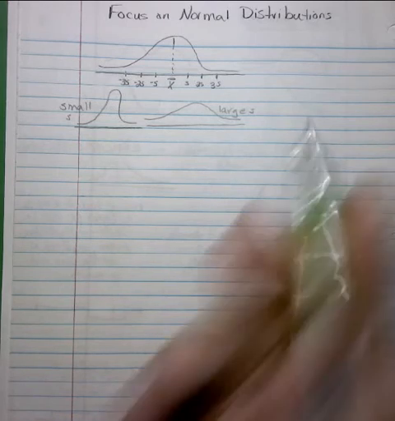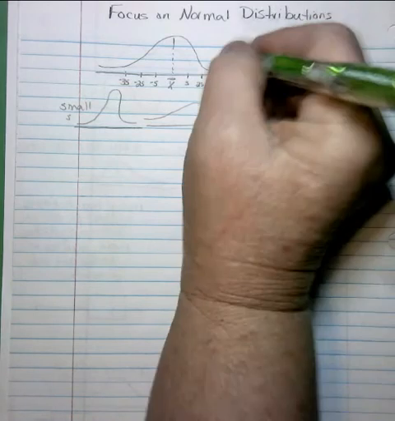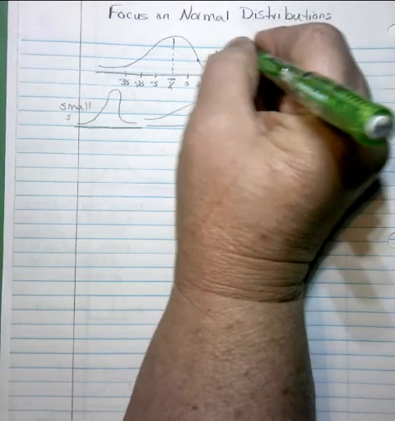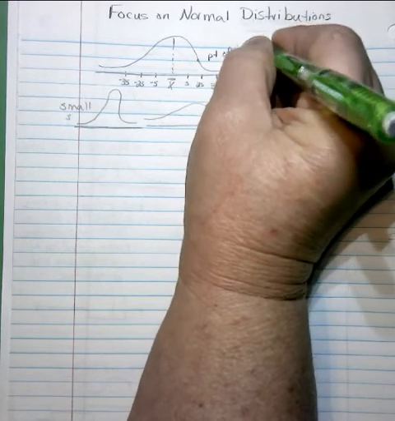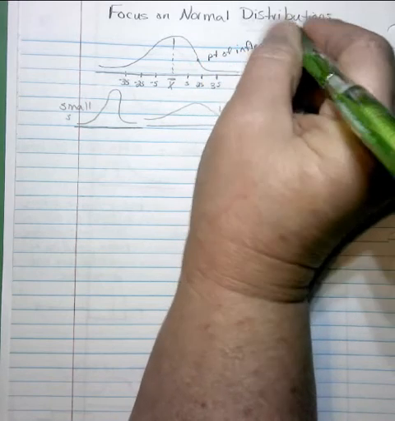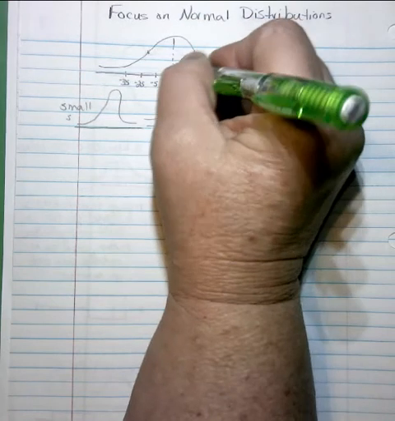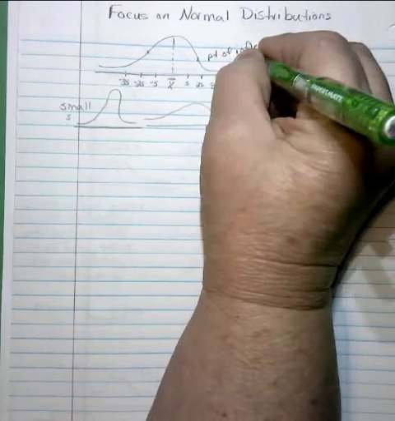Another characteristic of normal distributions is called a point of inflection. And there's one on each side, and it occurs at the point of 1 standard deviation.